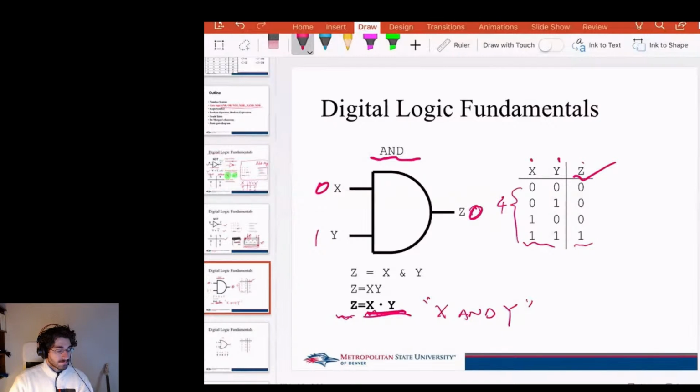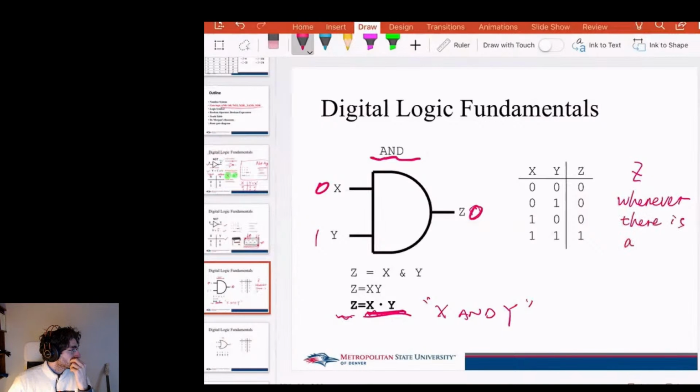And another way for you to understand this, which is actually what I do all the time, is to try to understand how the Z is generated by transferring the information from the inputs X and Y. Whenever there is a 0, or at least one 0, then Z will be 0.